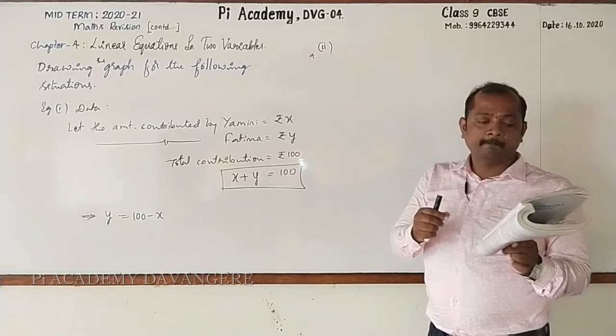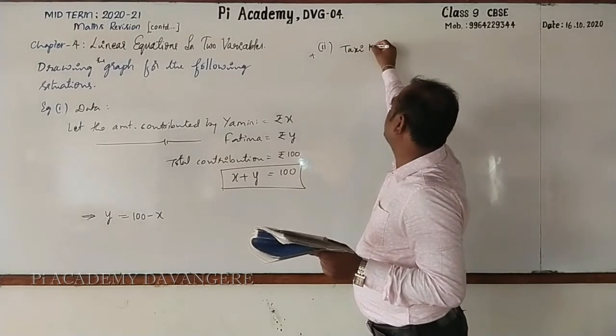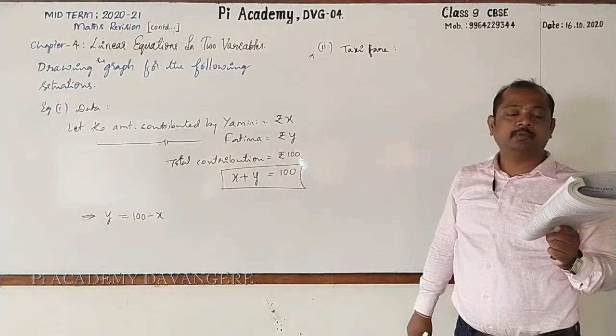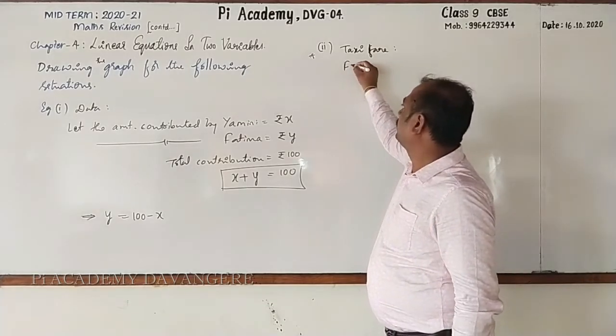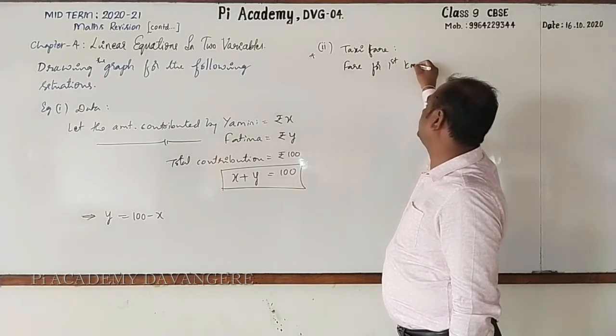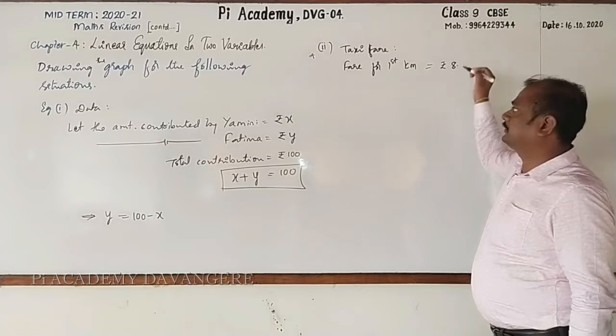Here they have given the taxi fare. How? For the first kilometer, the fare is rupees 8. Fare, nothing but charge. For the first kilometer, it is rupees 8.